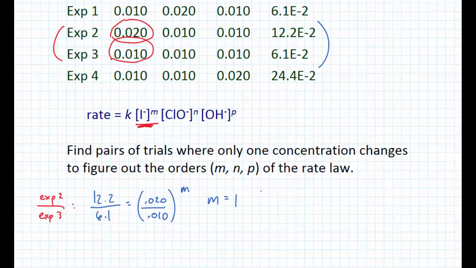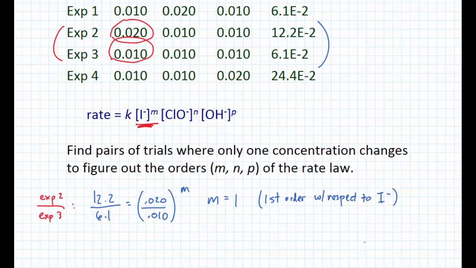That means the reaction is first order with respect to I minus, that reactant. And I just write it that way because that's always how it's said, just so you know what that means.